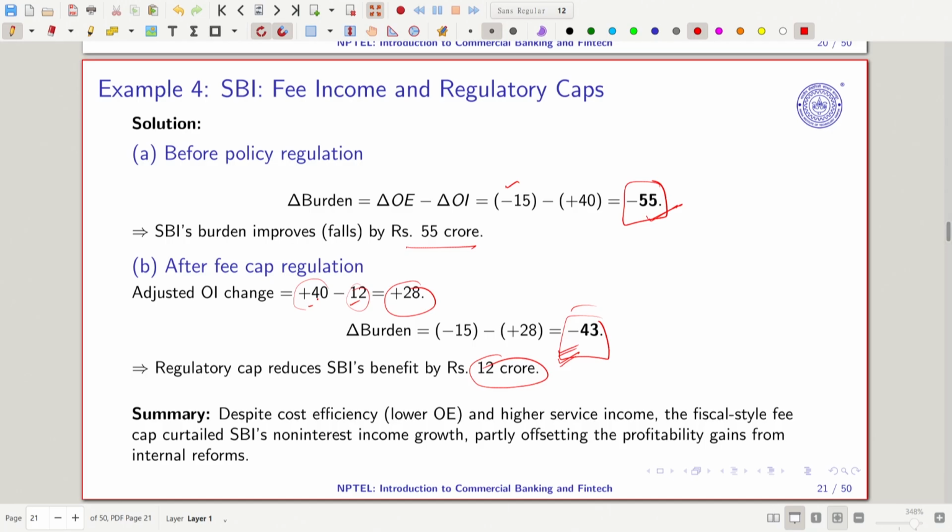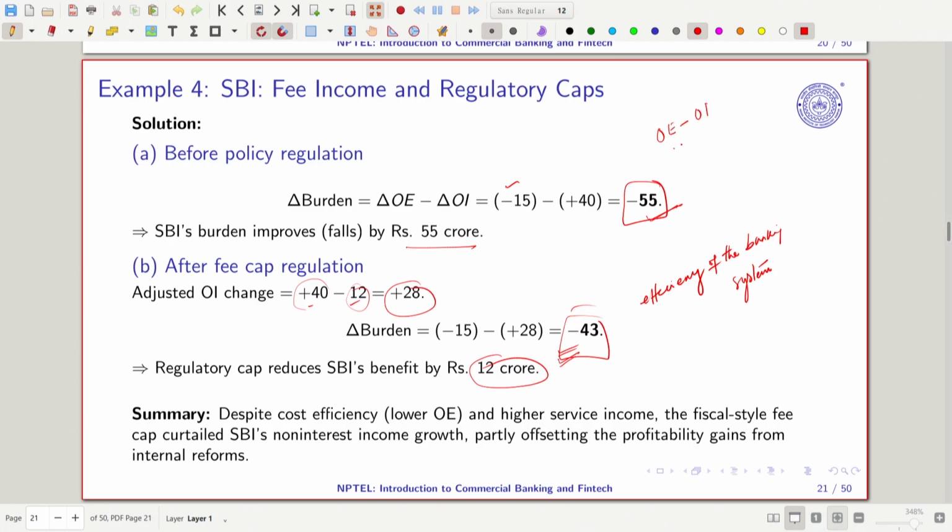Now you can see that non-interest income and non-interest expense play a very important role, and we can also visualize how it is impacting the bank, and it basically talks about the efficiency of the banking system. How efficient is the bank? So, burden is basically non-interest expense minus non-interest income.